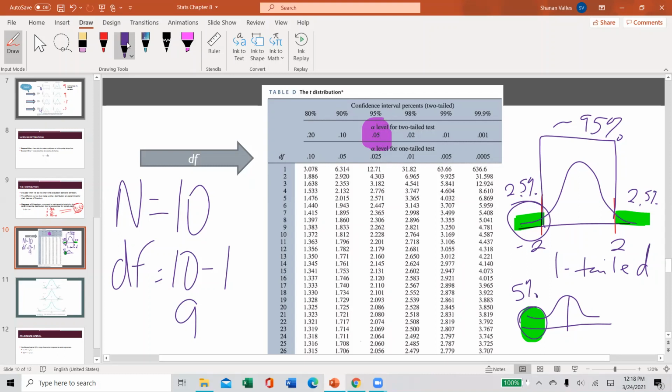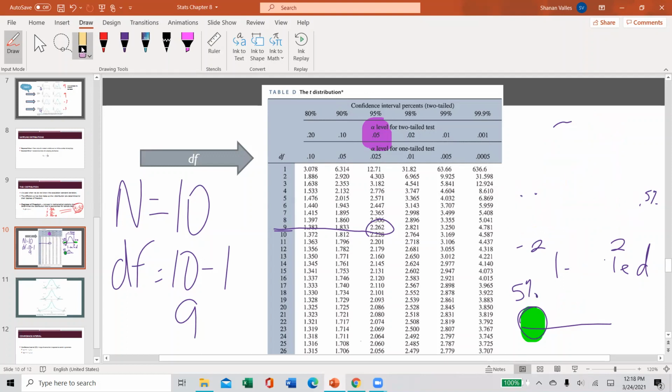What we do is we count down and we find 9 right here. And we just slide our finger all the way over, and that's the value that we will be interested in. We're going to call it our, well, it's going to be called our critical value, but I'm jumping ahead of myself, but that's okay. Okay, so that's how we find this value.